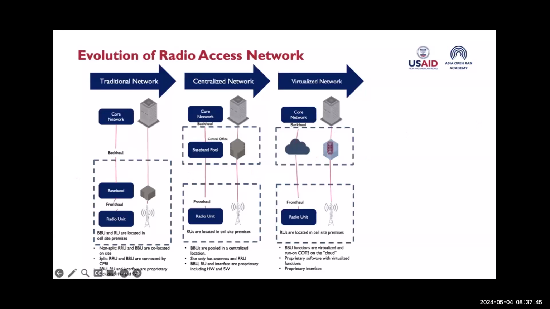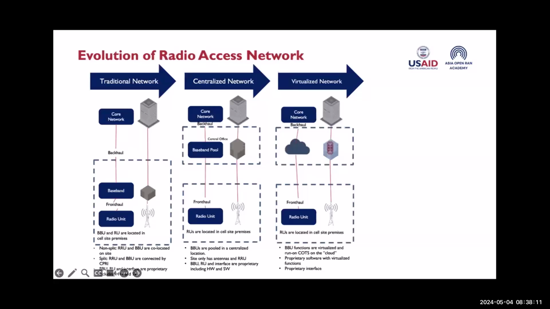But in the virtualized RAN, many say that it could be an open RAN, but it's not, because the openness of the system is still not there. Although you are using a COTS server, the software is still proprietary, and the fronthaul itself is not open.